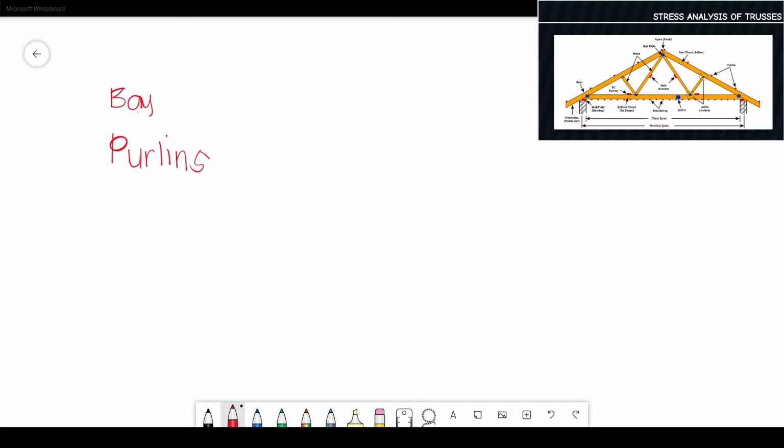Then the rise is the vertical distance from the ridge to the eaves. That is our rise, just the vertical distance. Then, of course, the run is the horizontal.